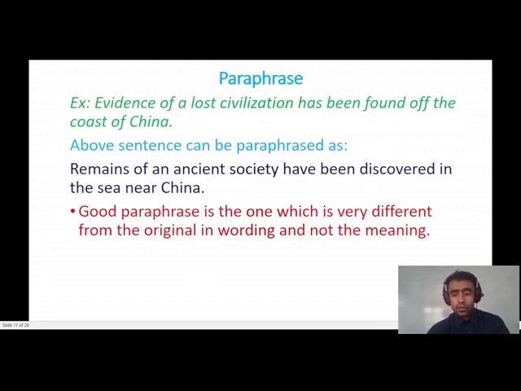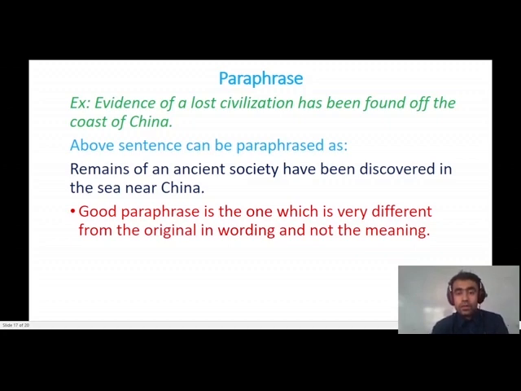For example, we can paraphrase in different ways. Here's an example: Evidence of a lost civilization has been found off the coast of China. We can paraphrase this sentence by changing the words and the structure: remains of an ancient society have been discovered in the sea near China.